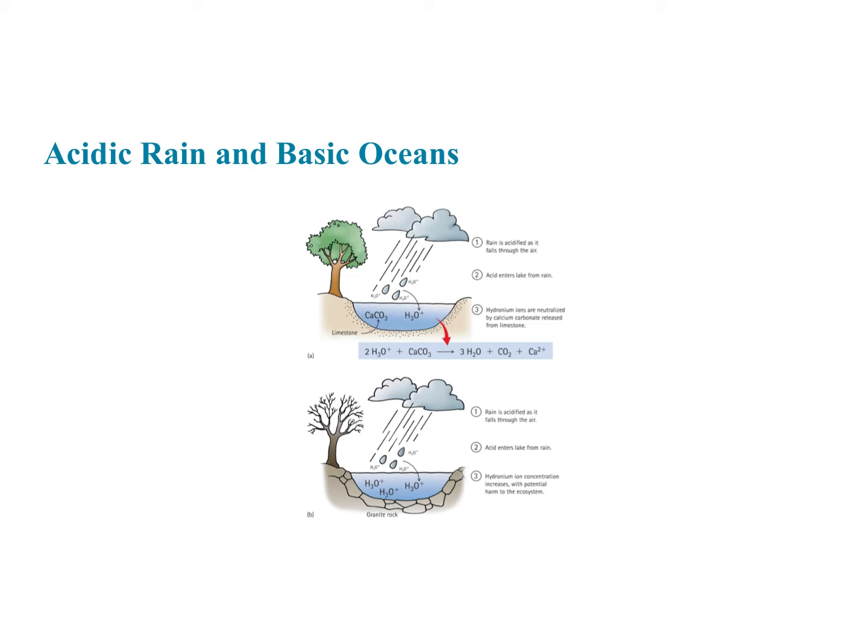So in some parts of the country, there's a lot of calcium carbonate in the ground, and so the water in the lake becomes more acidified, but the ground underneath the water has this calcium carbonate. And so what happens is you get these hydronium ions, they combine with the calcium carbonate, and they produce compounds that are effectively neutralized.